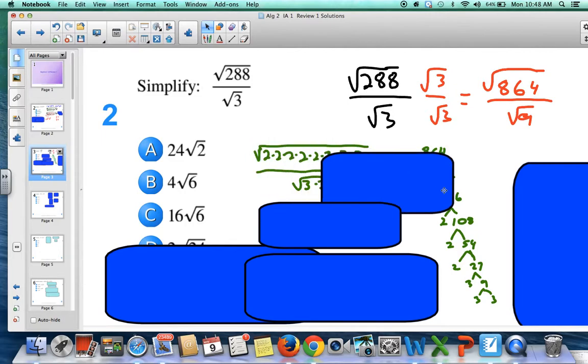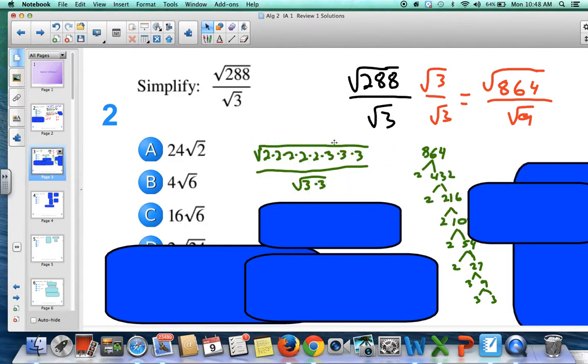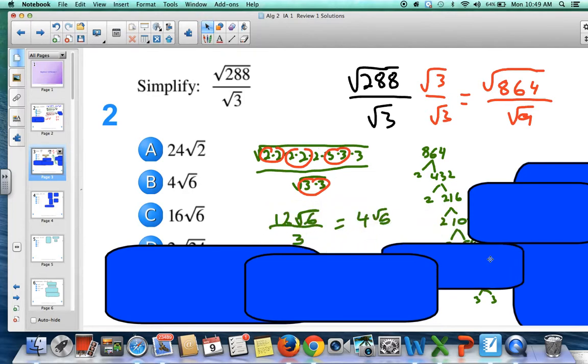So it looks like this then. This is kind of what I have now. And then I take out pairs, so I can go through and circle pairs of things. So I could have a pair here, another one here, another one here, and that's going to come out. And then, of course, one here to make the whole thing come out.